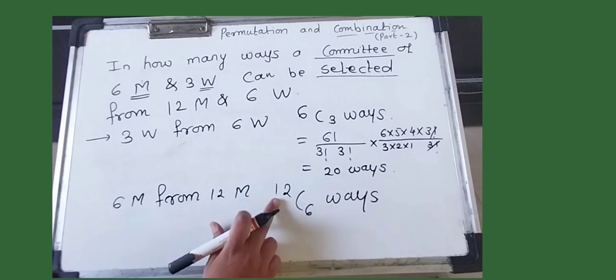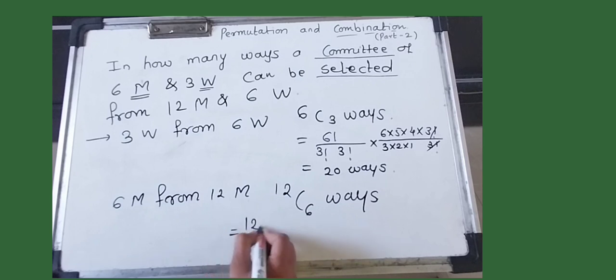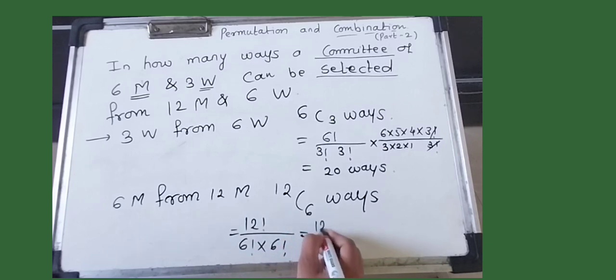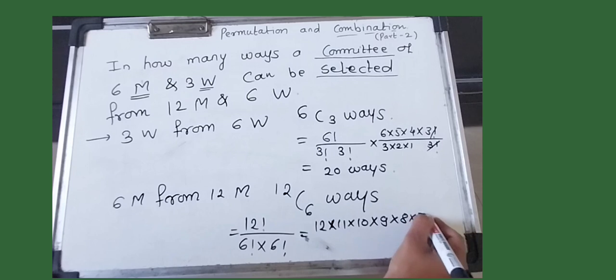Number of objects are 12. Availability of objects are 12. We have to select 6 from them. So 12C6. Okay. Apply the formula 12 factorial upon 6 factorial into 12 minus 6 is 6 factorial. Solve it. 12 into 11 into 10 into 9 into 8 into 7 into 6 factorial.